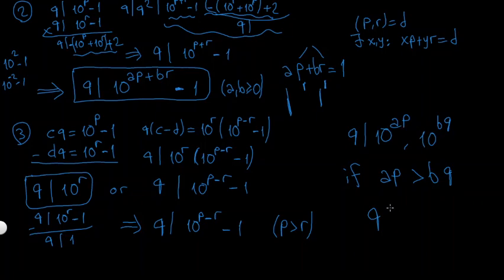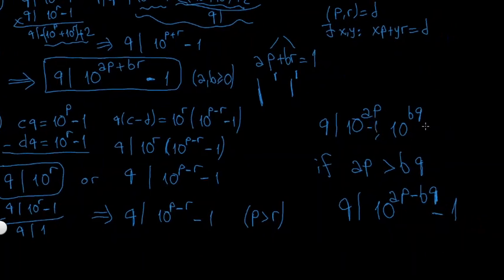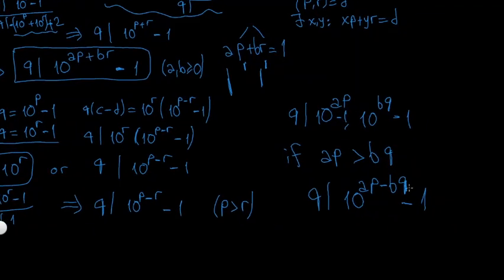So Q would divide 10 to the AP minus BQ. Well, this is the key point that I missed before. Also, there are minus 1s here, it doesn't matter. Q would then divide 10 to the AP minus BQ, minus 1.